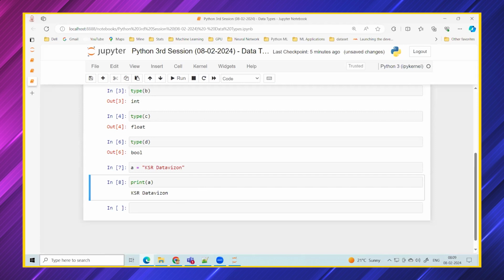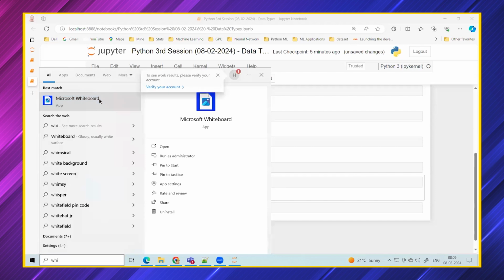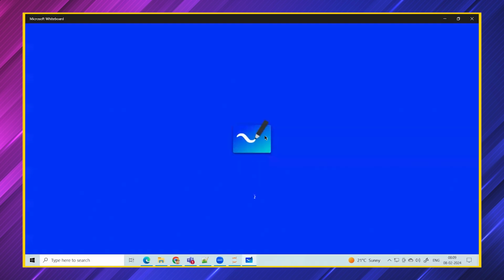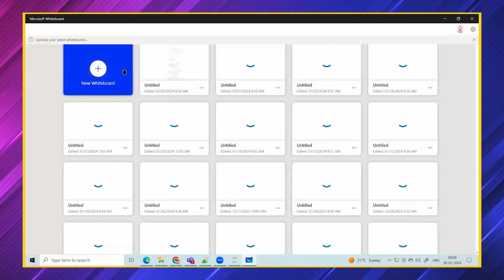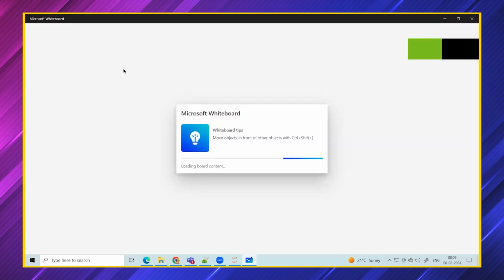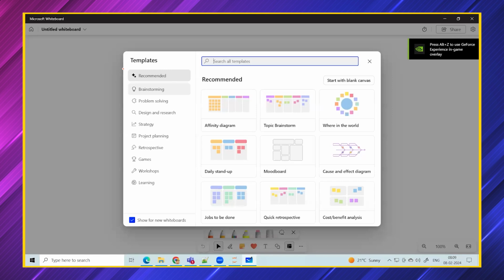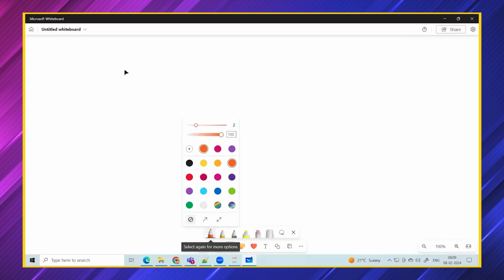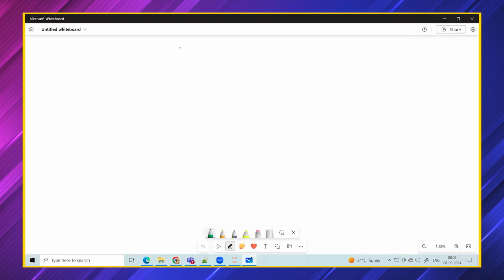Let's go to our whiteboard and start working on a simple example. Imagine I have to store KSR Data Vision. This is a string that I need to store.